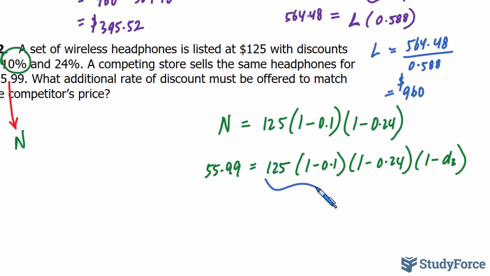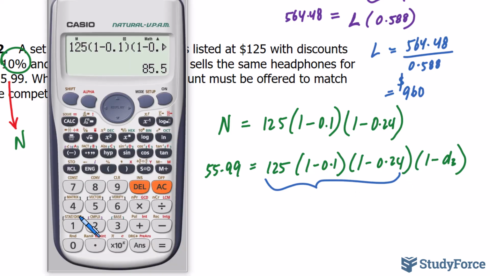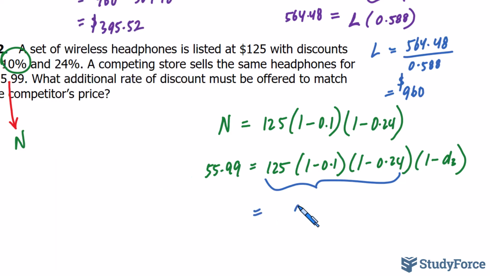What we will do is compute this part and then divide both sides by what we find. Let me show you what I mean. So 125, actually we already found this earlier. It was 85.5. So let me write that down. 85.5 times 1 take away D sub 3 equals 55.99.